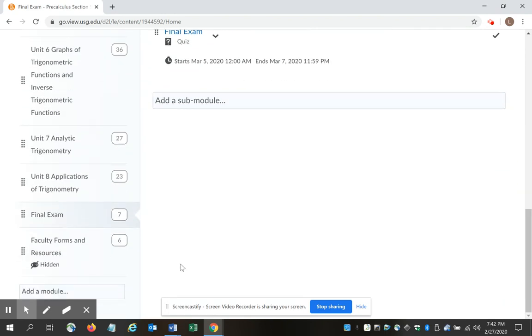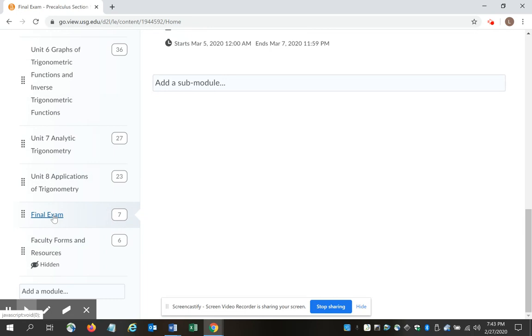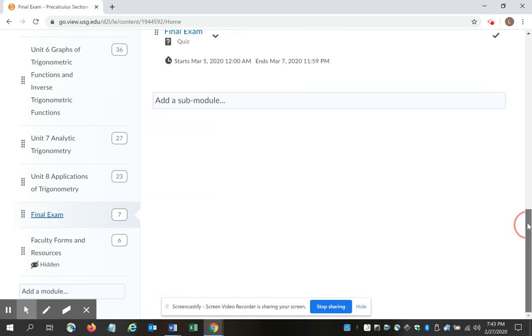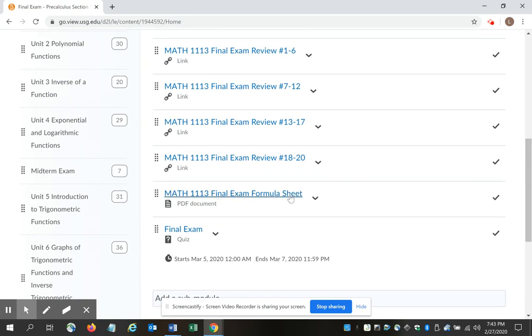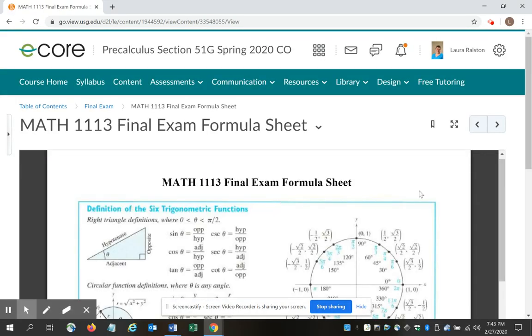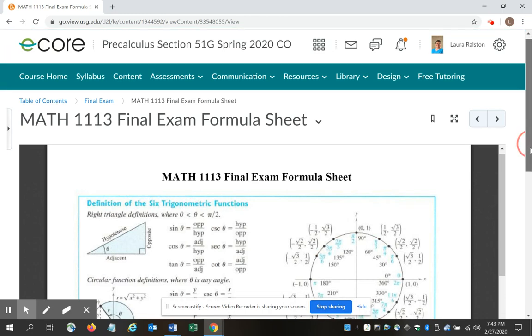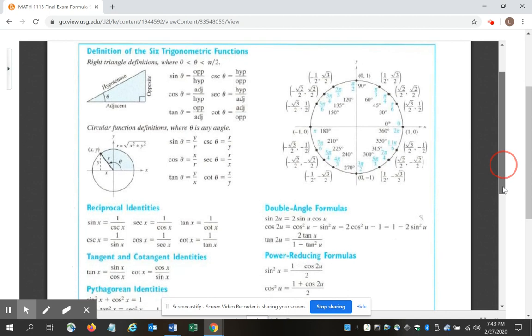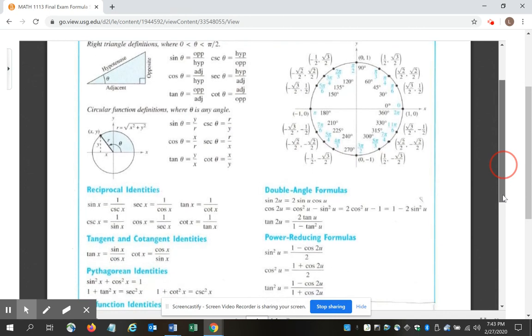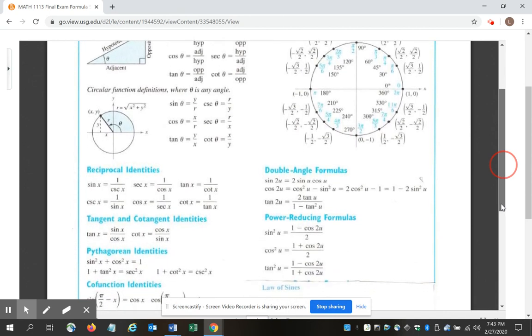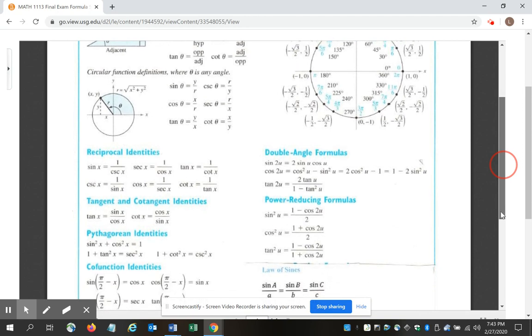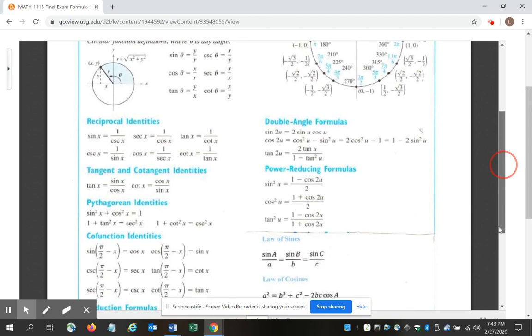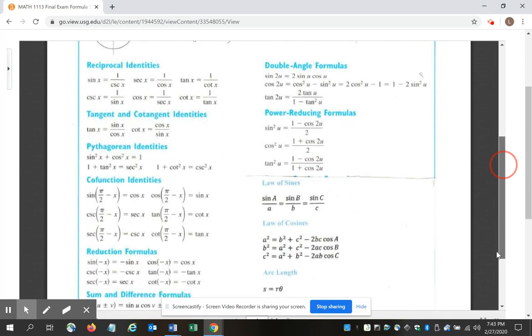I'm going to click on final exam, and under the final exam folder is a Math 1113 final exam formula sheet. On this formula sheet, it has all the formulas that you'll be able to use on the final exam, but specifically for what we need, it has our reciprocal identities, our tangent and cotangent identities, Pythagorean identities, and cofunction identities.